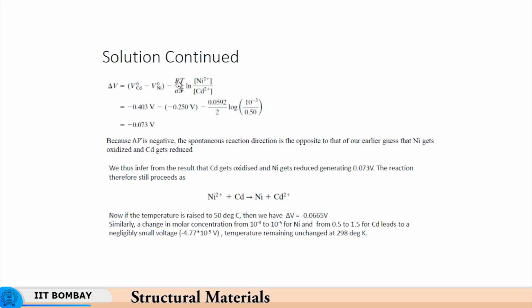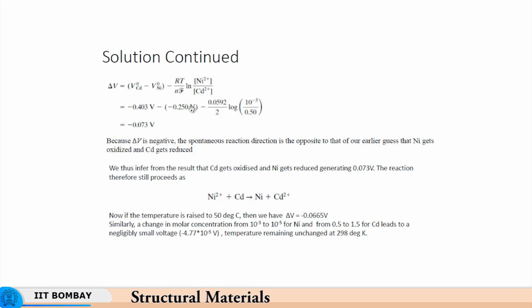R is the gas constant, T is the temperature in Kelvin, n is the number of valence electrons, which is 2 in this case, since both have 2 plus valency, and F is Faraday's constant. And then we have the molar concentrations of Ni2 plus and cadmium 2 plus. Again Ni is getting oxidized here and cadmium is getting reduced here. So here we have Ni2 plus upon Cd2 plus. Ni2 plus is 10 to the power minus 3 and this is 0.5 molar.